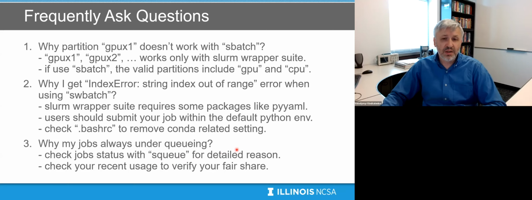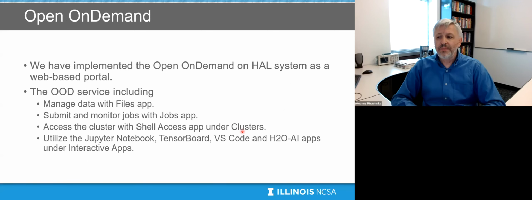Suppose you ask for a node with 4 GPUs, but there are no nodes available with 4 GPUs. Then your job will be sitting in the queue and waiting until somebody else's job finishes on a given node. So use SQ to check for the exact reason why the job is not running. Okay, so that's that.